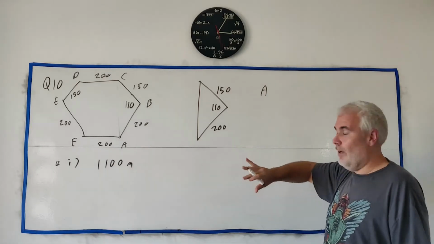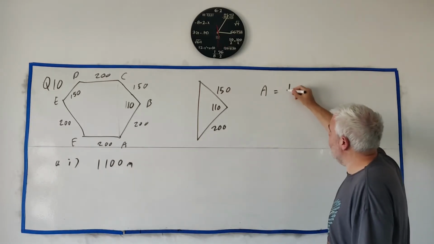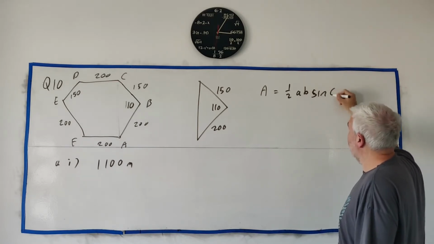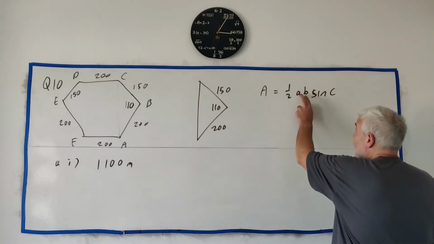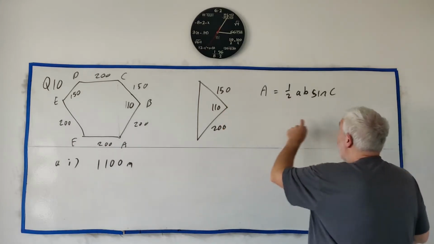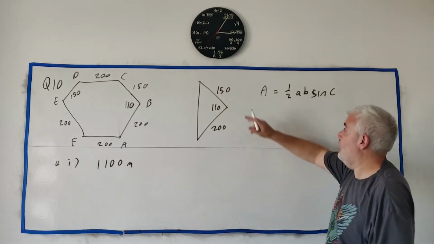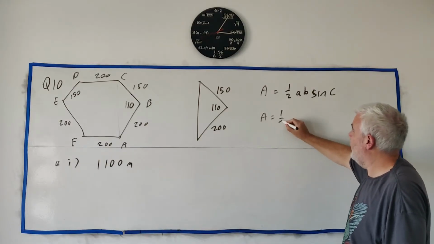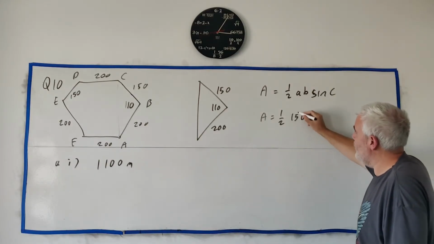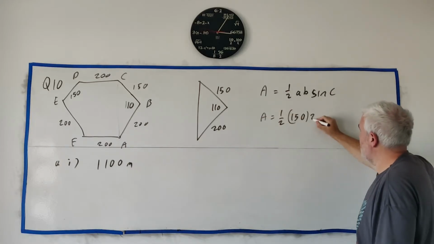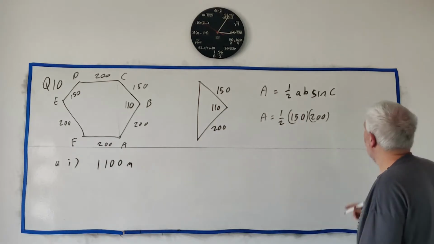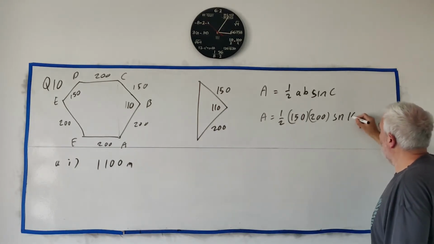We should think when we have triangles, that the area is equal to half ab sine C. That's two sides, like these two sides, and the angle that's in between them. And that's what we have here. This area can be done by a half times 150, pick whichever one you want, times 200, because there's no difference. A and B is the same as B and A. And then sine 110.